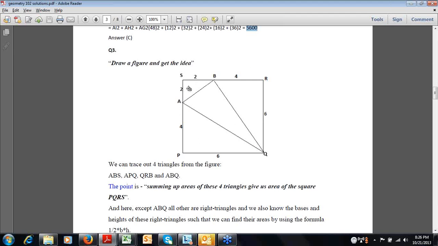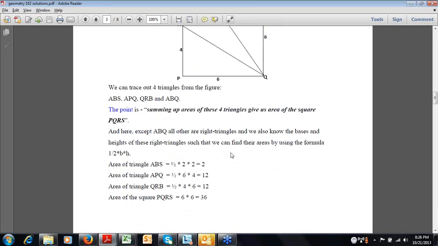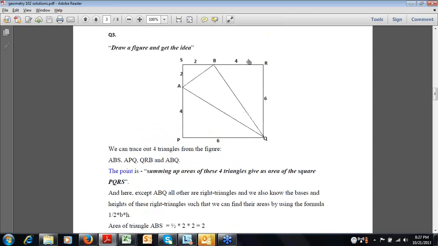So it's very easy. You know the area of this, you know the area of BQR, you know the area of APQ. You just need to subtract from the total area. So that is what we will be doing. 36 is the total area. This area we know is 2. This area is 4 into 6, 24 by 2 is 12.